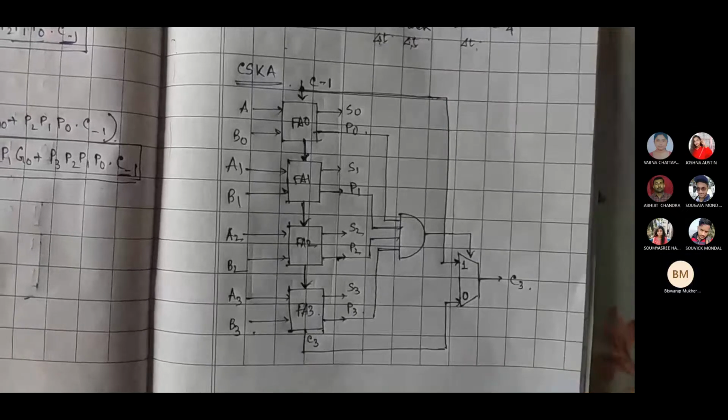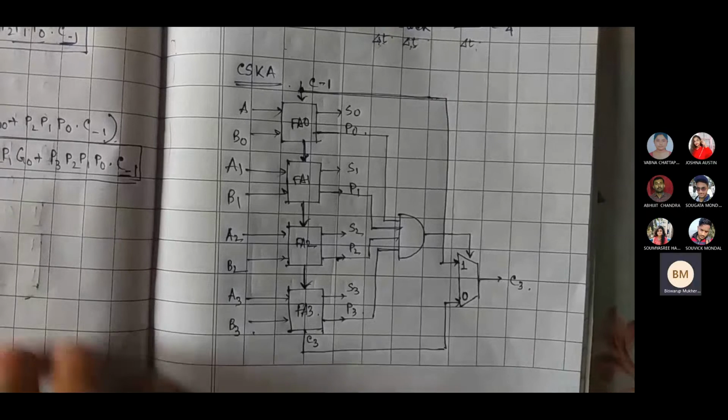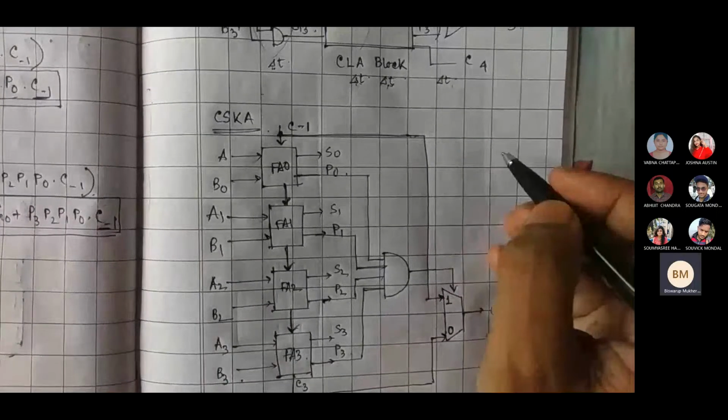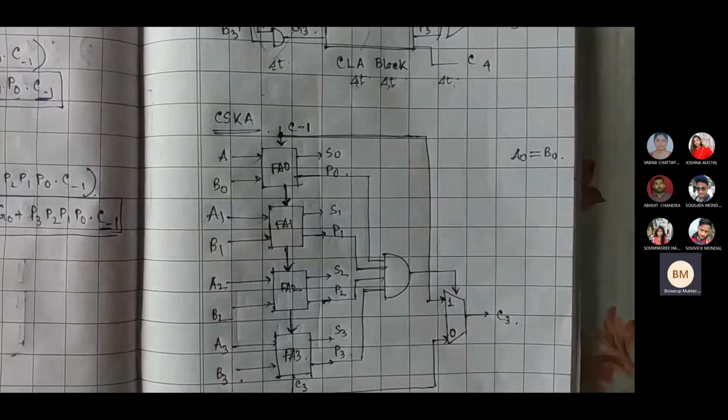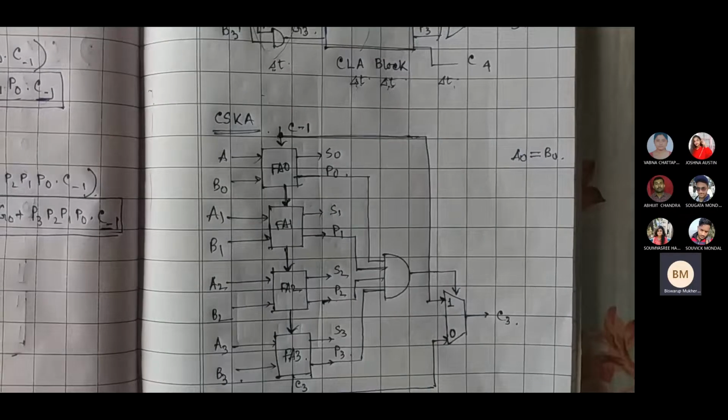Now, what is that? As we know, suppose we are having A0 equal to B0. If A0 equals B0, that can be either 0 0 or 1 1.